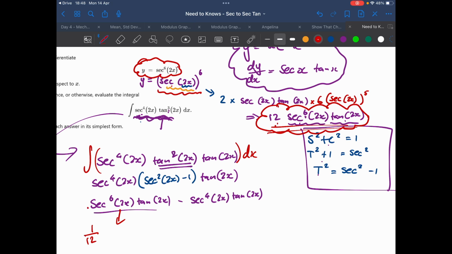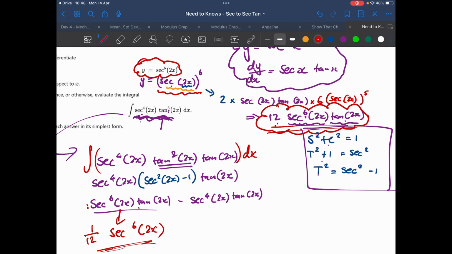And I know the answer from part A. If you take a minute to verify for yourself, you will see that that works. 6 over 12, 12 over 12, the number part works. Sec becomes sec tan, sec to the power of 5 and a sec tan together make this result work. So this one here comes from part A. That's where I've got that one from.